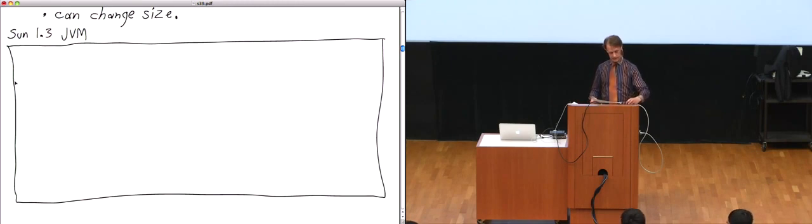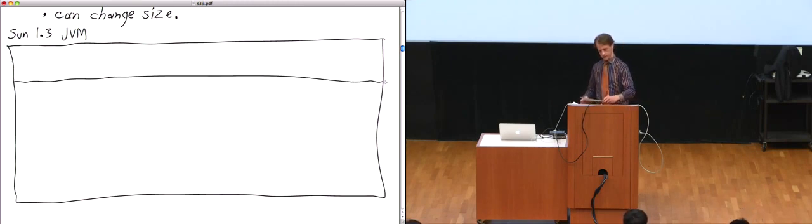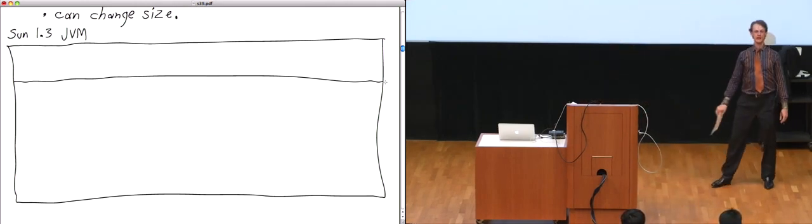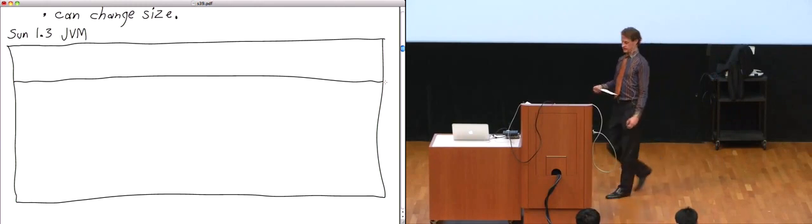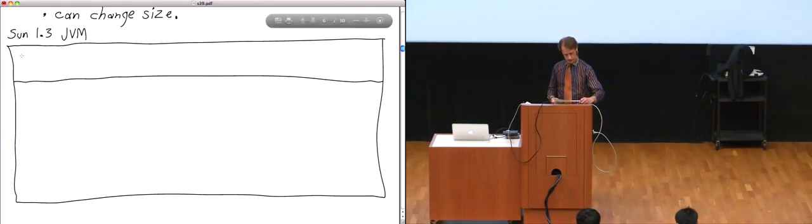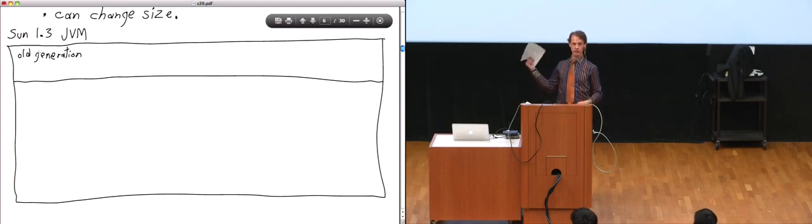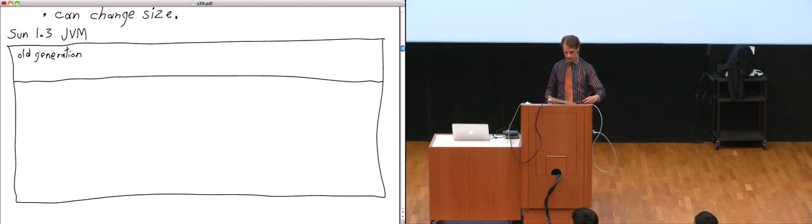So the idea is that, first of all, if you imagine this big box as being the heap, then it's divided into an old generation, which is relatively simple. So objects that have been around a long time are up there at the top, and a young generation.